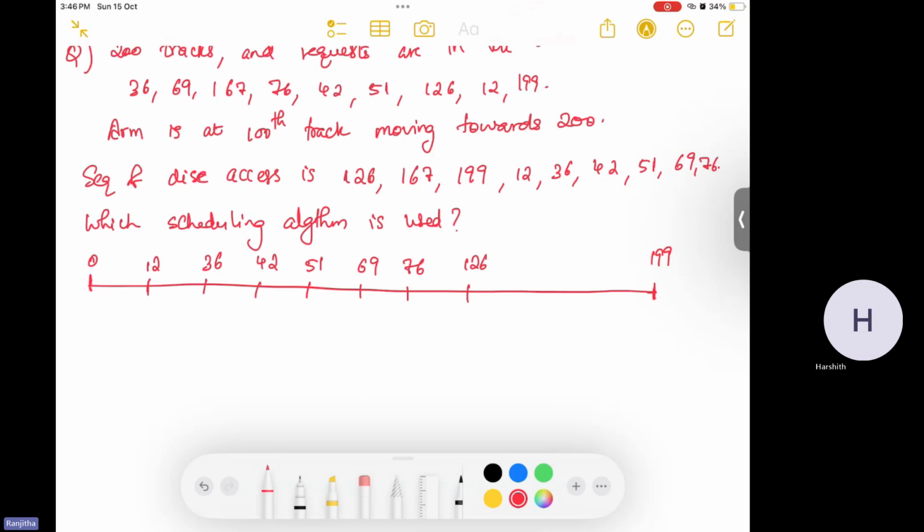I will just mention that 100 is where the disk head is. 126 we have, then we have 167 and 199. Okay.